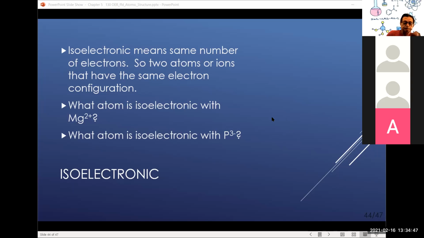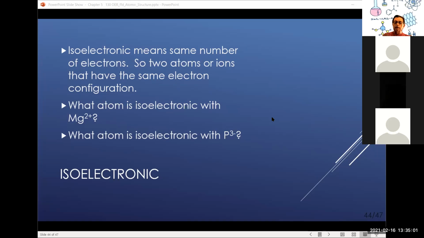All right. So isoelectronic, the driving force here, is to become isoelectronic, which means I want to have the same number of electrons as the closest noble gas. It's important: I'm not becoming the noble gas.